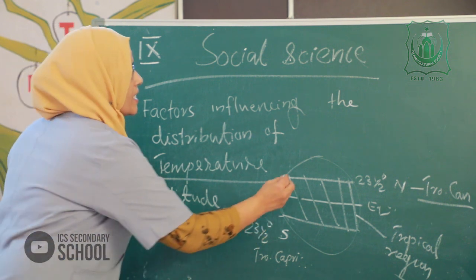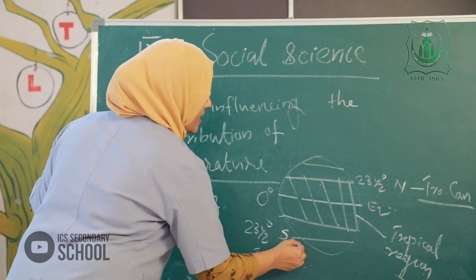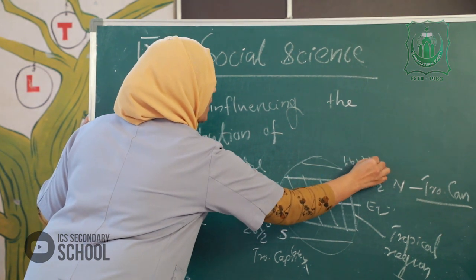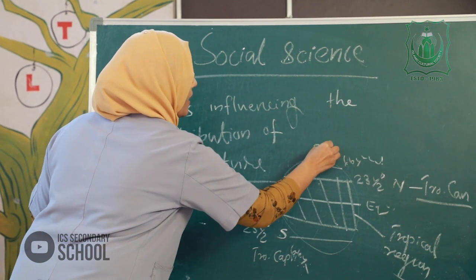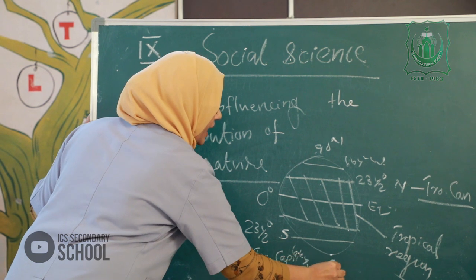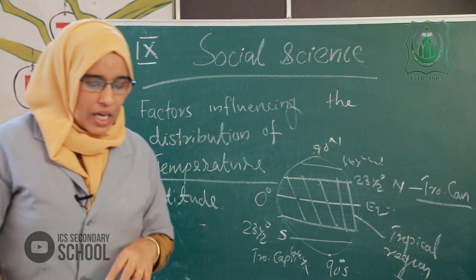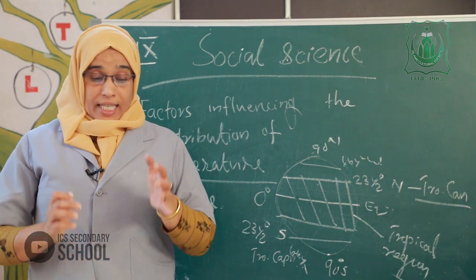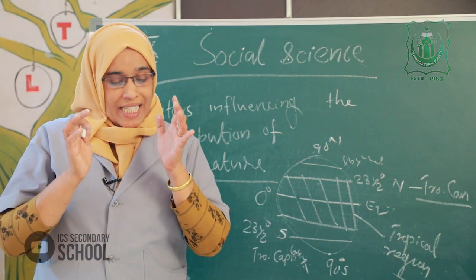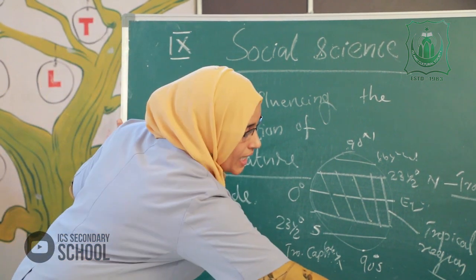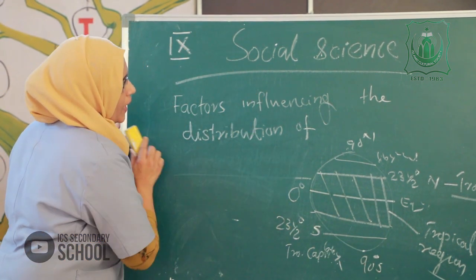Then 66 and a half south, 66 and a half north, 90 degree north, 90 degree south. The sunlight is the most intense in the tropical region.